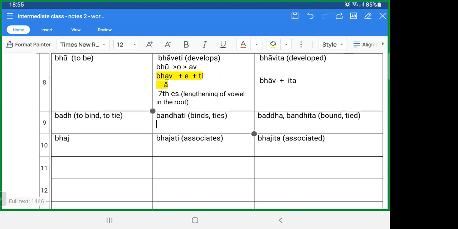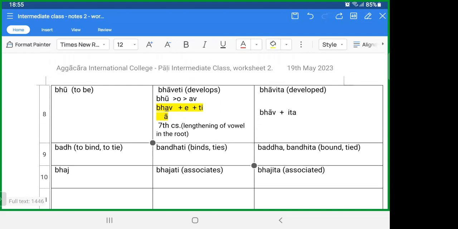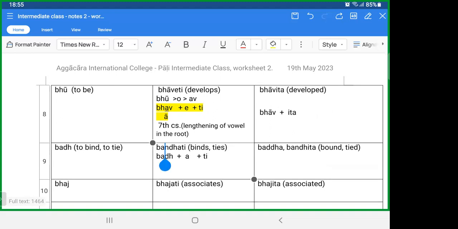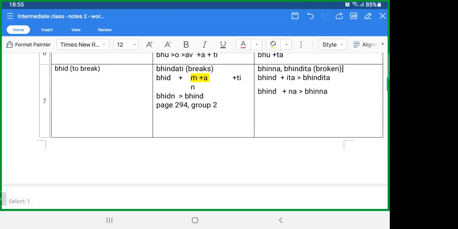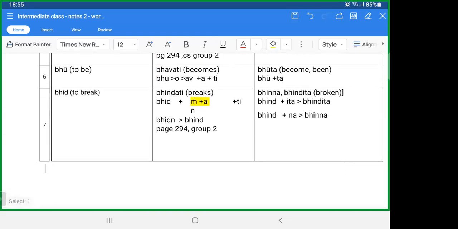So now you see this, you understand again. Okay, you have the BHAD and then plus something and then with the T, all right? And then you put, let's say, the A here and you put the T. Then you realize that you need an N here. Where is the N coming from? The reason the N comes is just like above, like this bhin, but there's an extra N here, right?